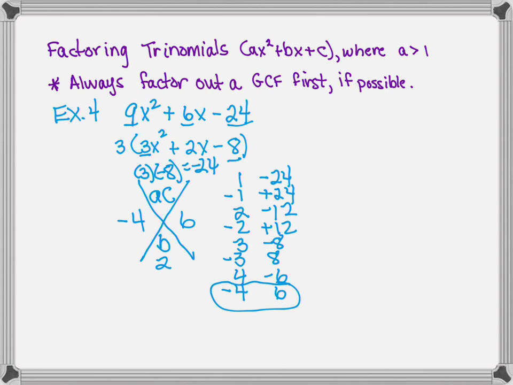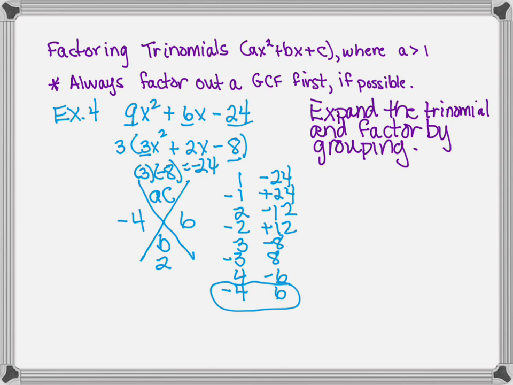But now I can't go right to the parentheses because I have a number in front of the x squared. So what we're going to do is expand the trinomial so that it has 4 terms by expanding out the middle using those numbers we just found, the negative 4 and the 6, and then we'll factor by grouping. So I'm going to keep the first, and I'm going to look at the part that was in the parentheses.